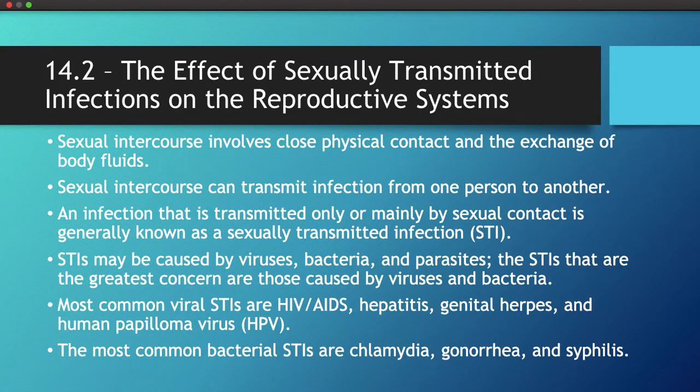The STIs that are the greatest concern are those caused by viruses and bacteria. Most common viral STIs are HIV, AIDS, hepatitis, genital herpes, and the human papillomavirus, or HPV. The most common bacterial STIs are chlamydia, gonorrhea, and syphilis.